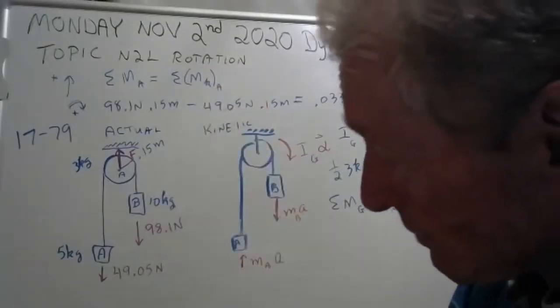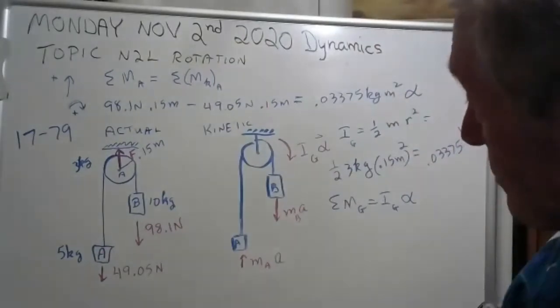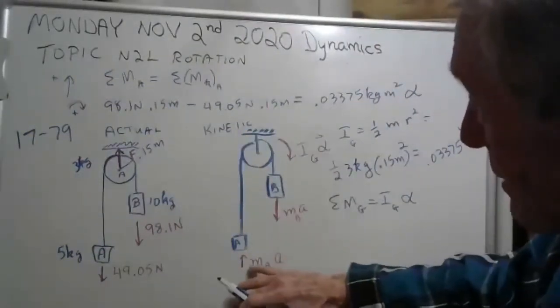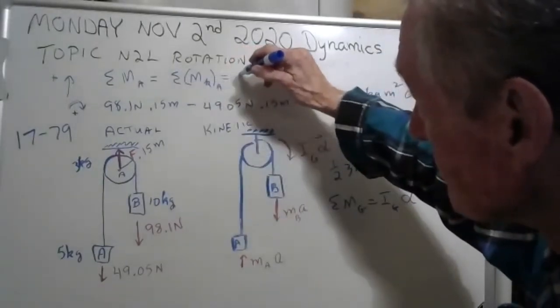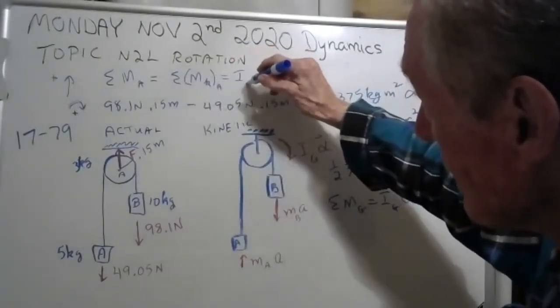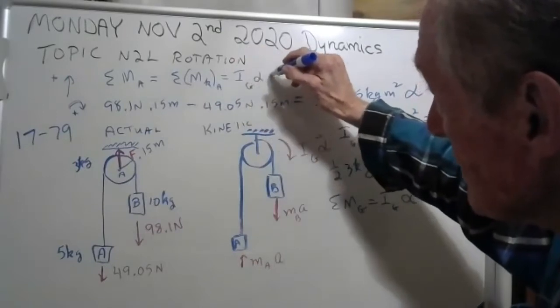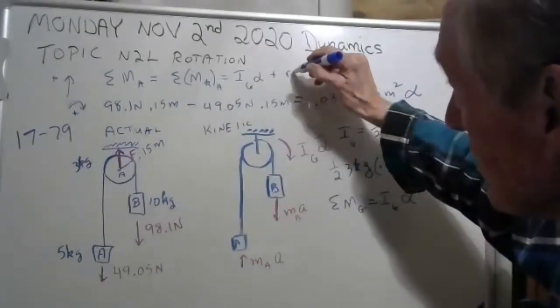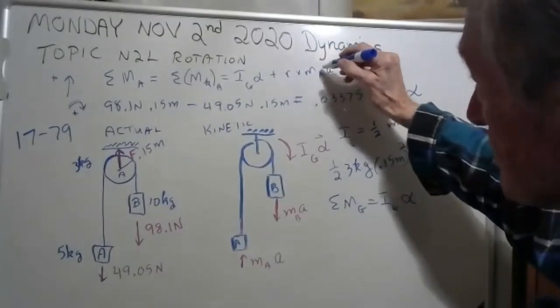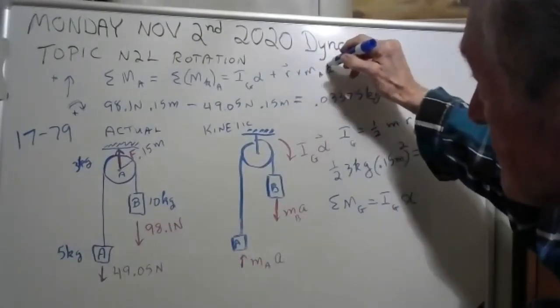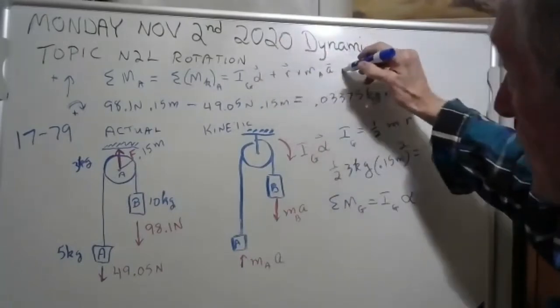And the kinetic moments include the moments caused by these MAs. And that's going to equal not only the I alpha, but the R cross MAs. There's two of them.